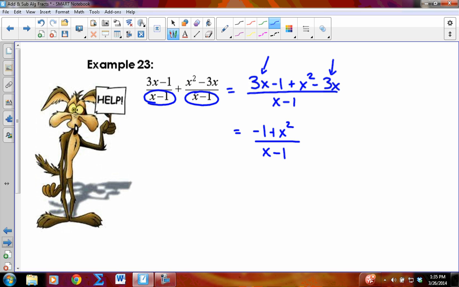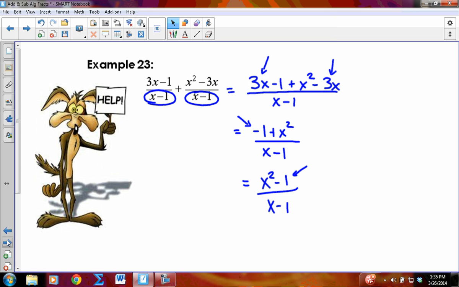And we usually write things in standard form. So let me take that numerator, and instead of negative 1 plus x squared, let me write it as x squared minus 1. Notice the 1 was negative right here. It's still negative right here. And the reason why I wanted to do that is I can factor this numerator. x squared minus 1 factors into x plus 1 times x minus 1.